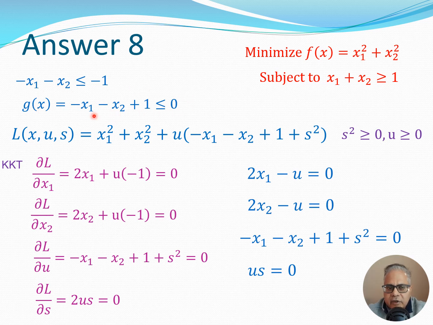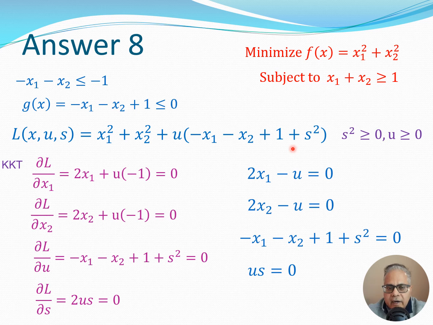Once I have written g of x, the inequality constraint, in this form, I can form the Lagrange function for this particular problem as (x1 plus x2) square plus u into the constraint g of x. So what I have done here is I have put f of x plus u into g of x. And remember, I add this plus s square term, that's a slack variable.